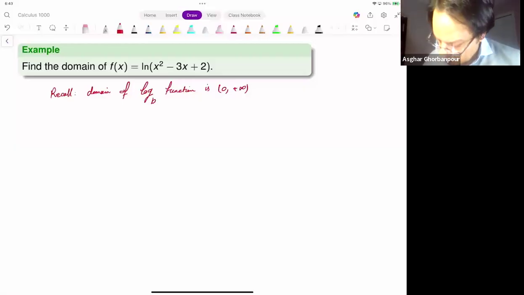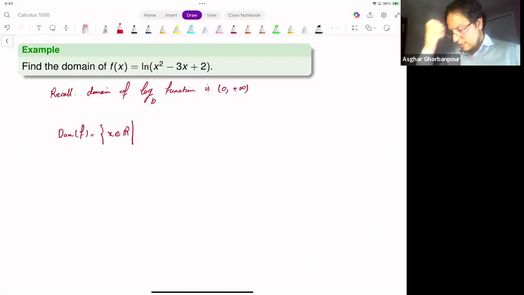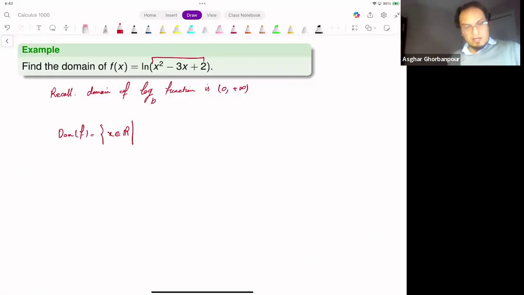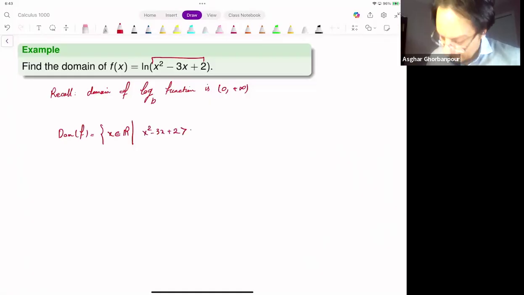In other words, the domain of this function is all x's in the real line such that whatever we are plugging into our function, the function that we are plugging into ln, is positive. That's the condition, yes. Ln only accepts positive numbers.